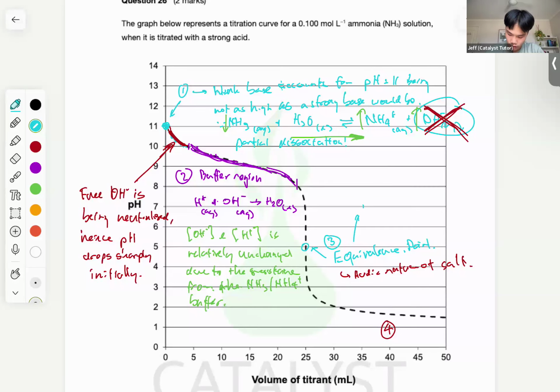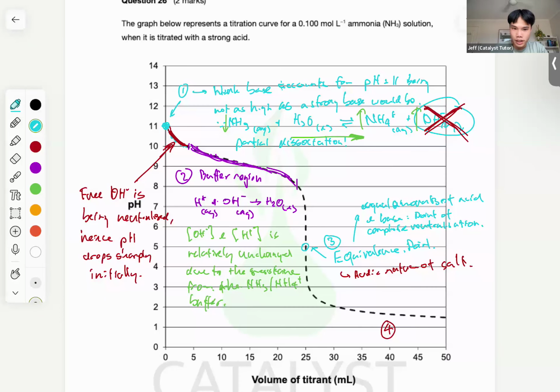So we have equal amounts of acid and base at this point, and it's also known as point of complete neutralization. Point of complete neutralization is your equivalence point. Good, Sophie.